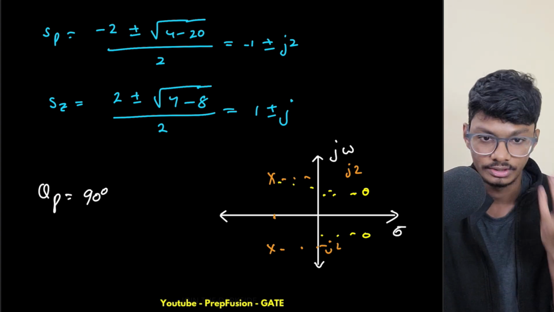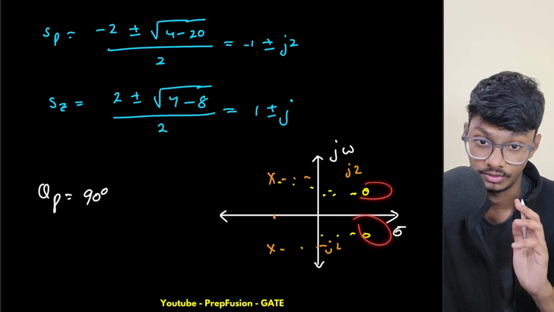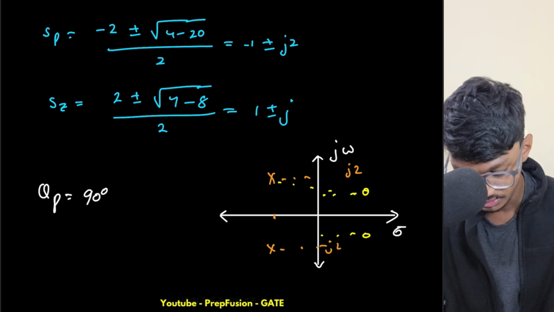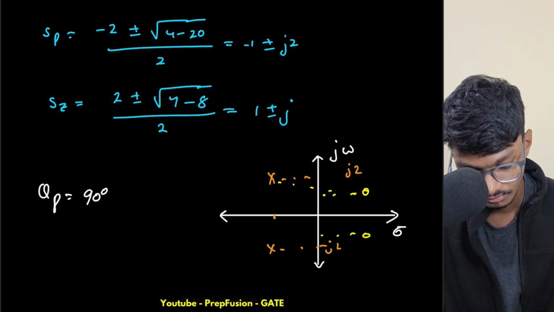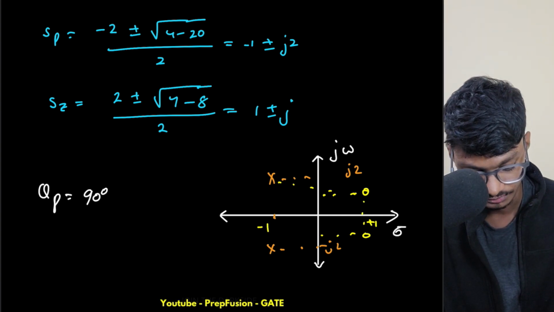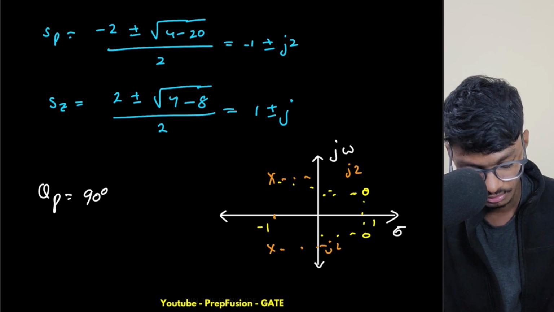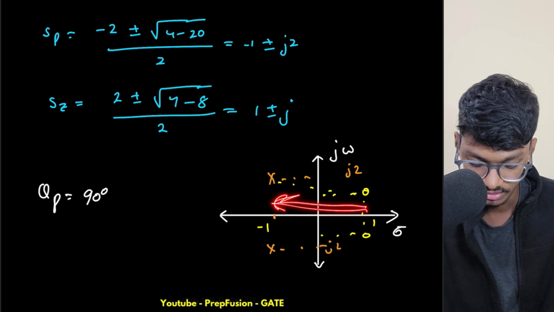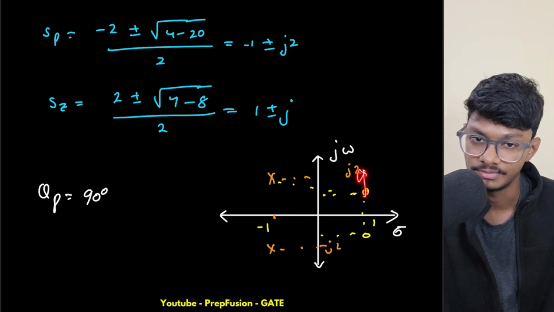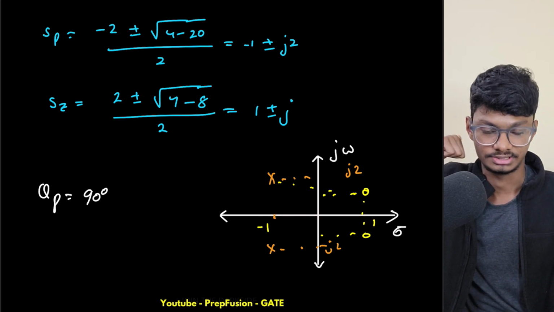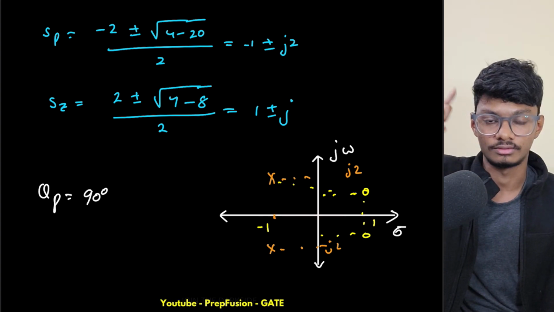Now what is the angle contributed due to these zeros? Now be very careful. This is -1, this is +1, right? So here I have to move 2 steps backward and 1 step upward. That is, 1 step in the positive y direction and 2 steps in the negative x direction. So negative x and positive y, which quadrant is it?